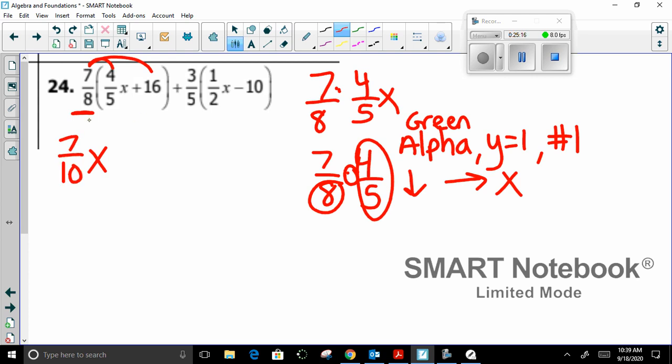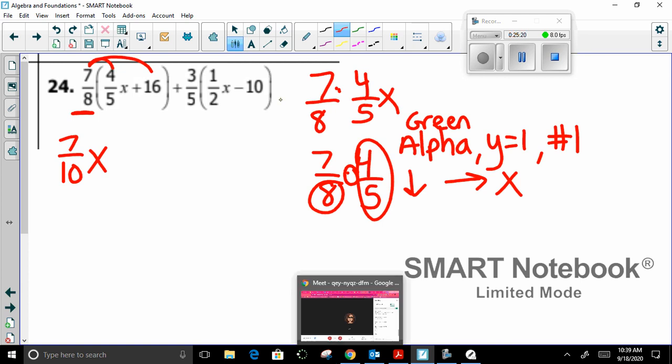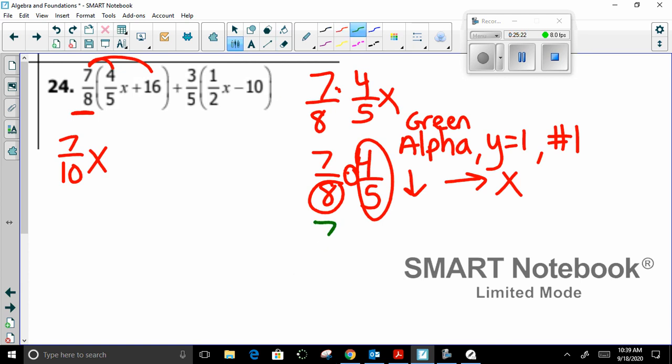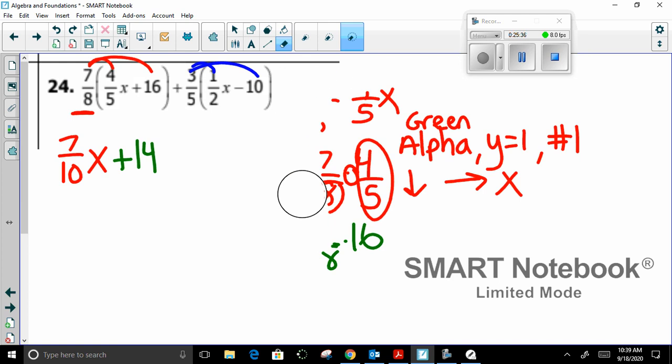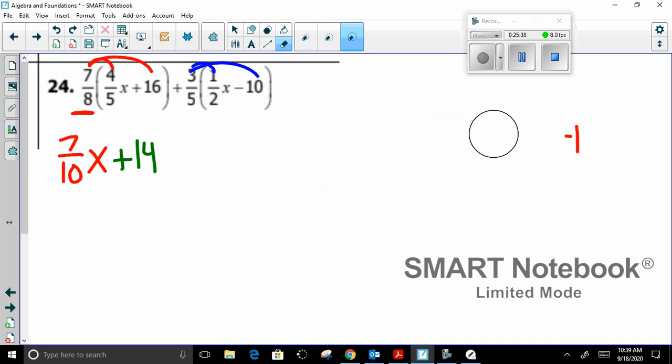And now 7/8 goes to 16. So 7/8 times 16, put that in your calculator, and I believe that would give you plus 14. Now we want to go ahead and distribute the 3/5 to everything over here. I'm going to delete all this so I can write the rest.